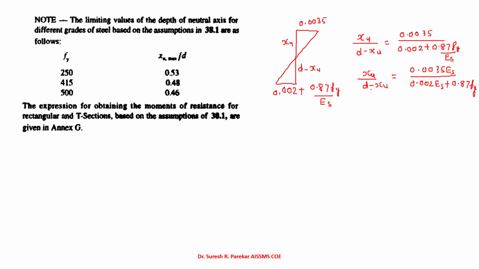And if you do componendo and dividendo, then you have XU upon D, which is known as KU, equal to 0.0035 into 2 into 10 raised to 5 divided by 0.0035 plus 0.002, that is 0.0055, into 2 into 10 raised to 5.